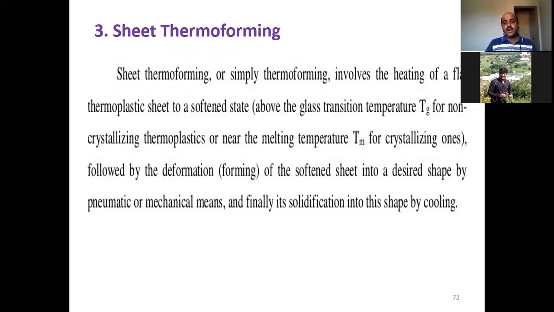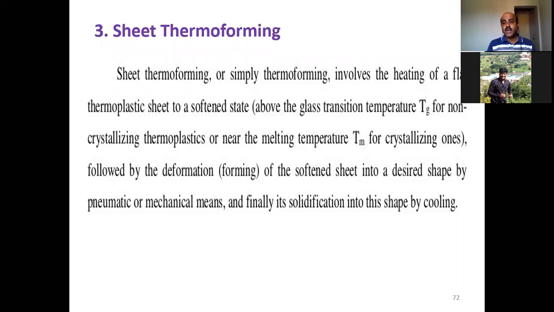Once it gets softened, you need to deform it. Once the material is softened, it is very easy to give it a shape by deforming it, what we generally call forming.